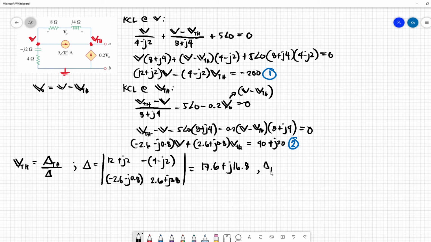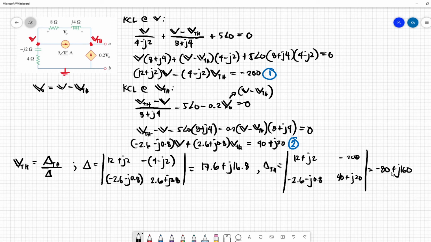For our delta TH, this is equivalent to negative 80 plus j160. Now our VTH is equal to 7.35 angle of 72.90 degrees volts.